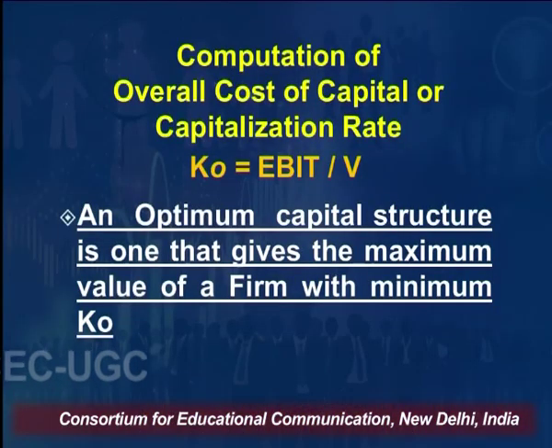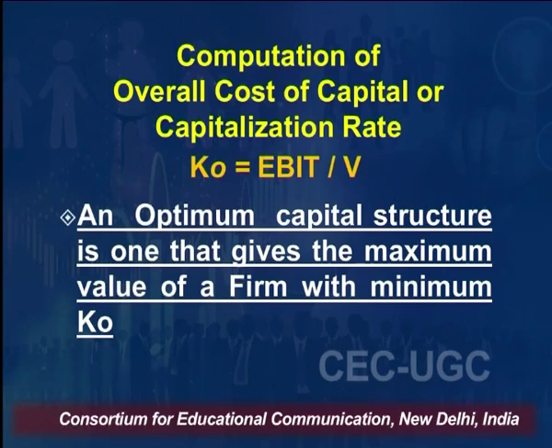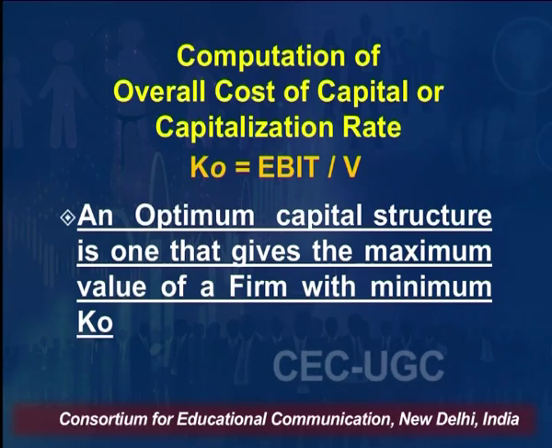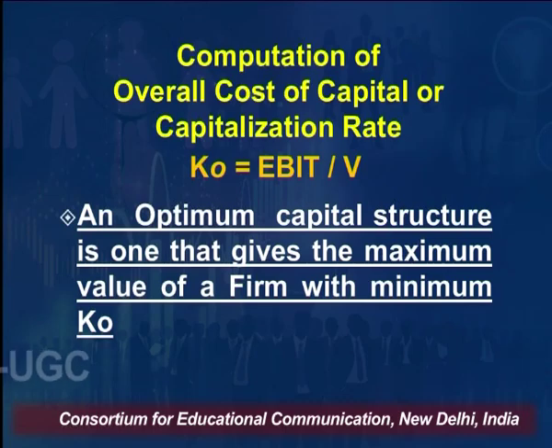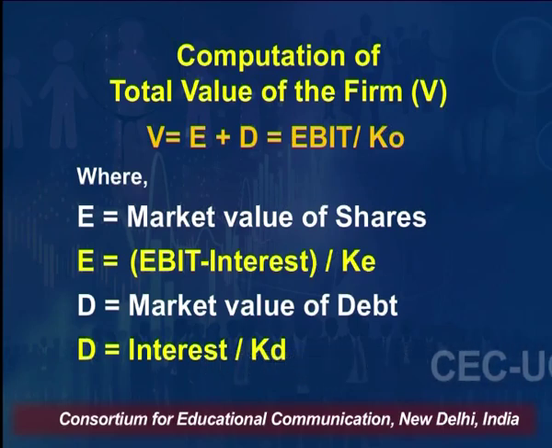Now, computation of the overall cost of capital or capitalization rate, that is KO. When V is equal to EBIT upon KO, by interchanging the values we may also calculate the overall cost of capital. So the overall cost of capital is equal to EBIT divided by V. In case the question is asking for V, the valuation of the firm, we may calculate it by using E plus D: calculate the values of E and D and substitute them in the equation.